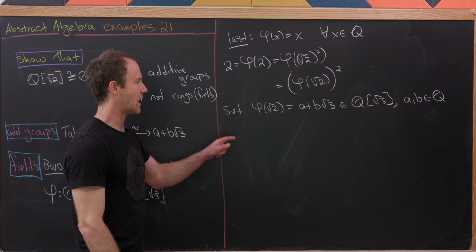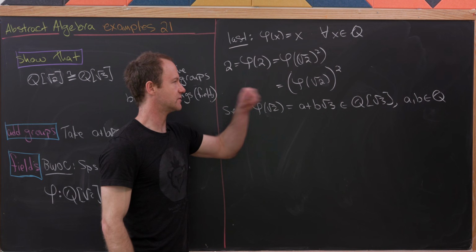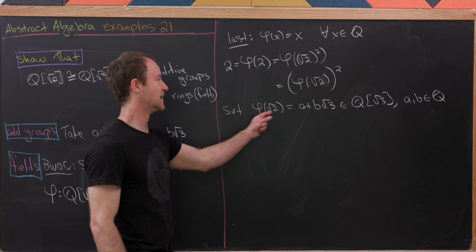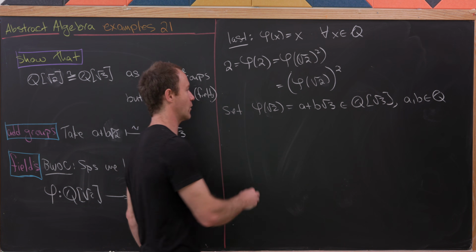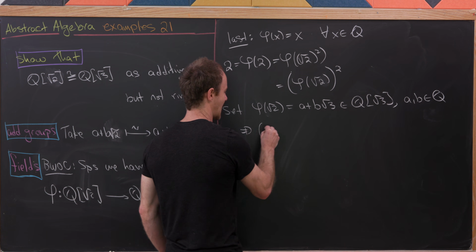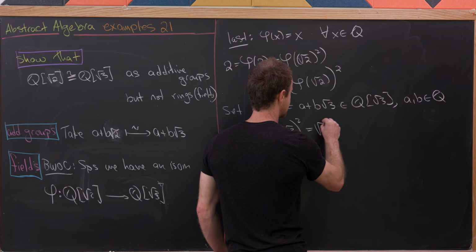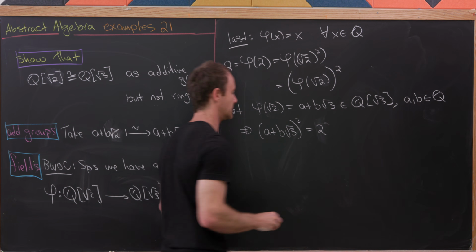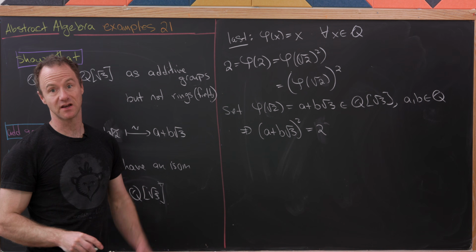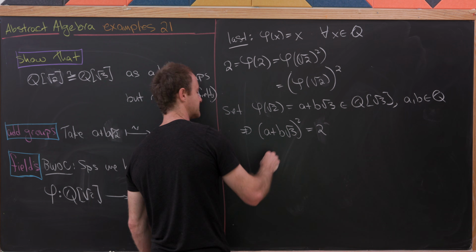Okay, but now what do we know? Well, we know that phi of root 2 squares to 2, and then phi of root 2 must have this form. So that tells us that we have this equation, a plus b root 3 quantity squared is equal to 2. But now we'll see the contradiction come pretty quickly. Let's multiply this out.